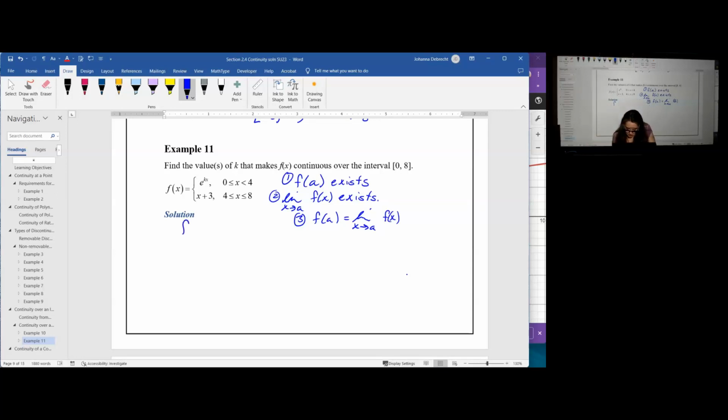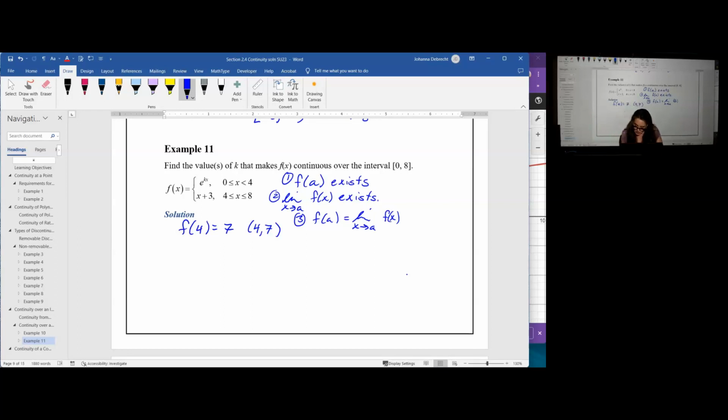So f of 4 must equal 7. I need this first piece to connect to this ordered pair 4, 7. Now, in the graph of the first piece, I'll have a hole at 4, but that hole has to sit right on top of this point in order for the two pieces to connect.